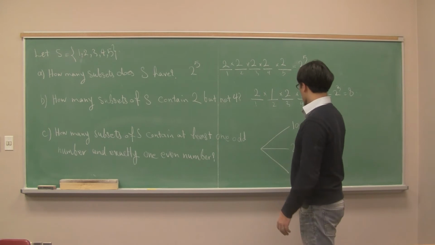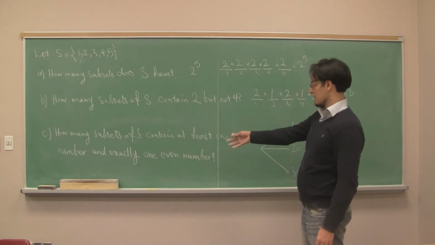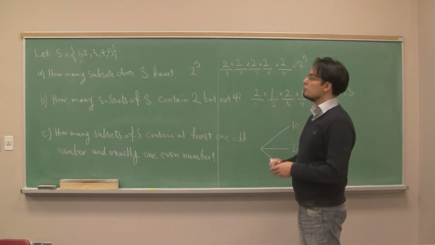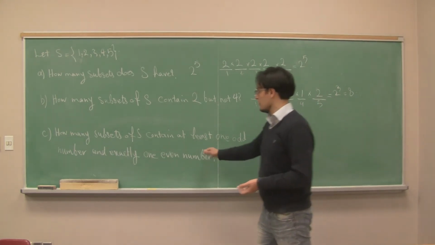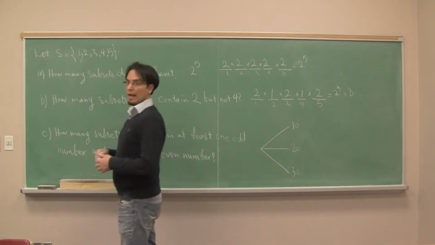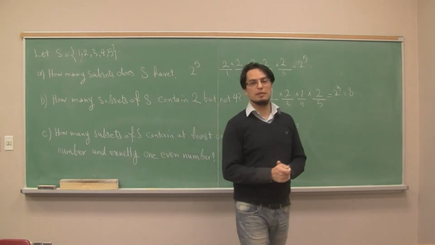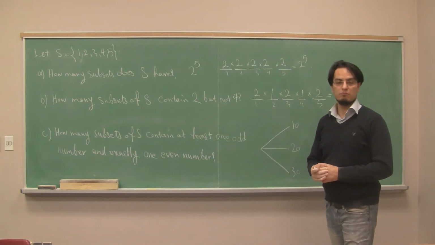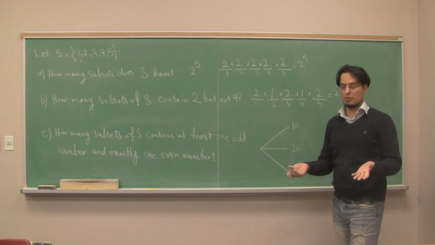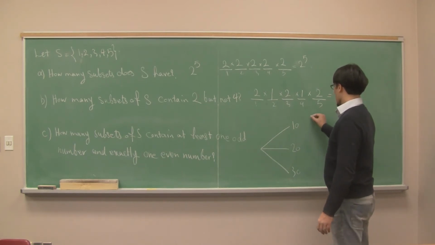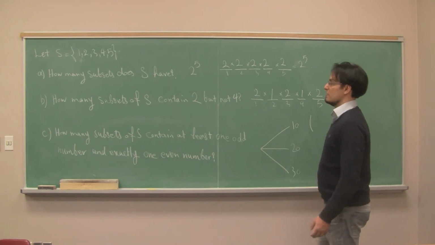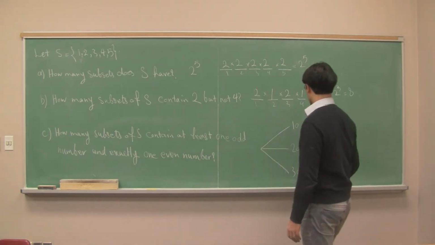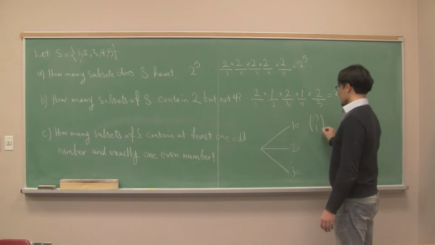And then for the even, you choose one of those 2 even numbers, 2 or 4, and include it in the subset.